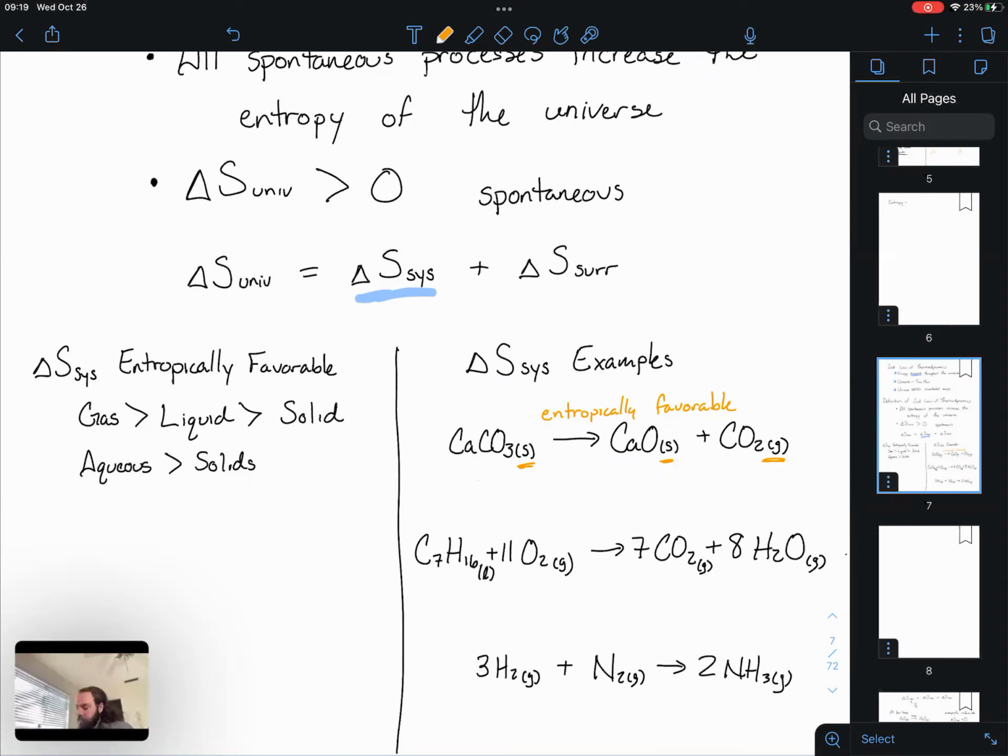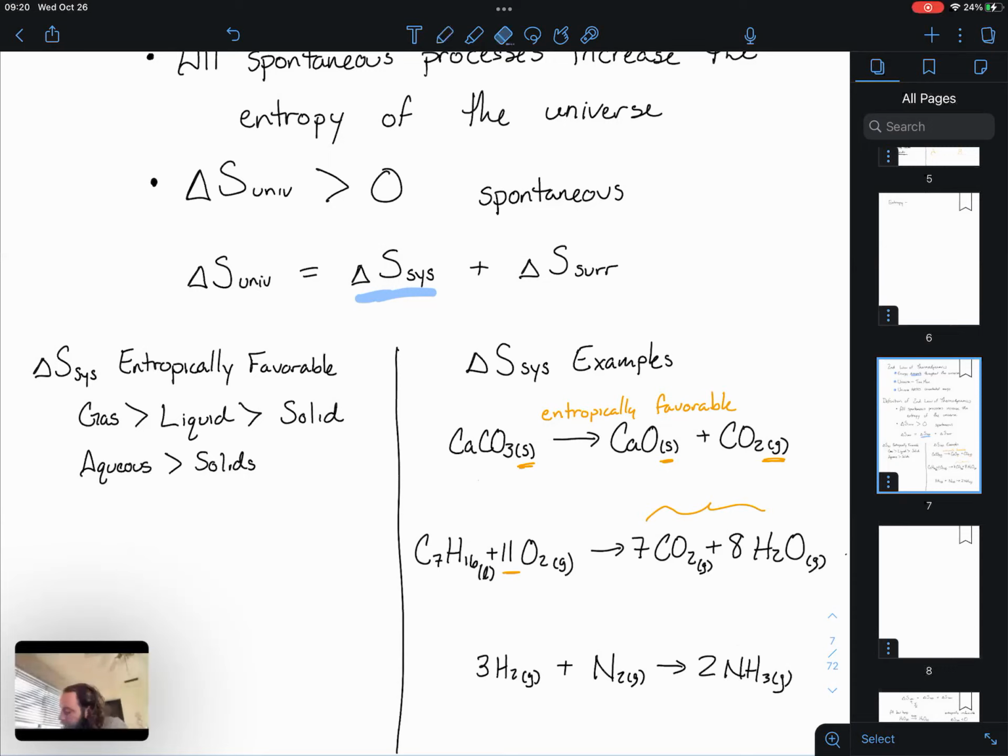Okay, so at this point, it's just a numbers game, right? How many gas molecules are being consumed in this reaction? Well, it's 11 O2s being consumed per molecule of fuel. But you're going to get a total of 15 gas molecules on the product side, right?